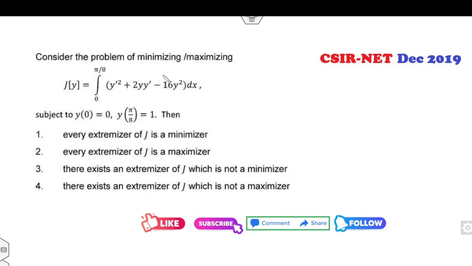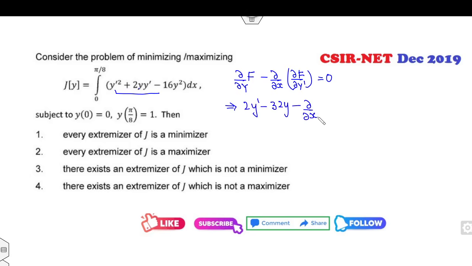Consider the problem of minimization and maximization. Okay, so this is my f. So I can start with this again: f minus del f upon del y dash is my 0. What is the partial derivative with respect to y? 2y dash minus 32y, minus the partial derivative with respect to y dash, which is twice y dash plus 2 of y, is equal to 0.